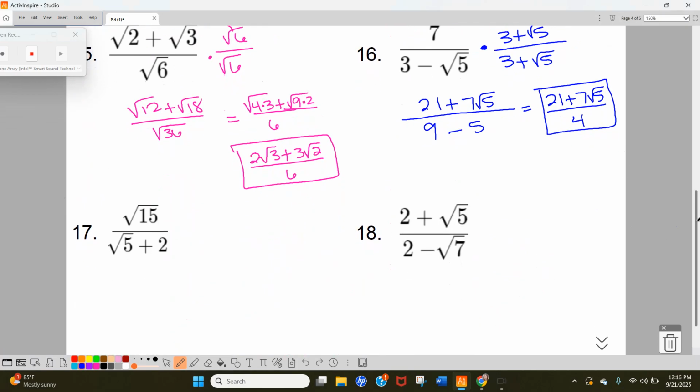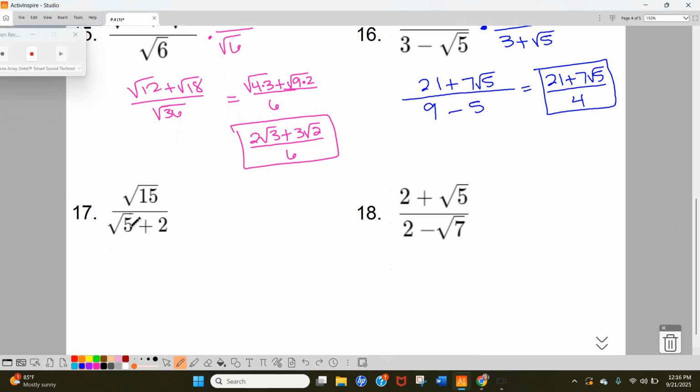All right, number 17, we're going to multiply by root 5 minus 2 on top and bottom, because that's the conjugate of root 5 plus 2. So again, distributing this, we get the square root of 75, and then that's not plus, that's minus 2 root 15.